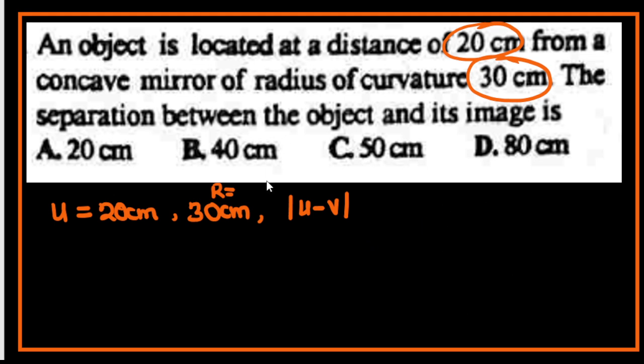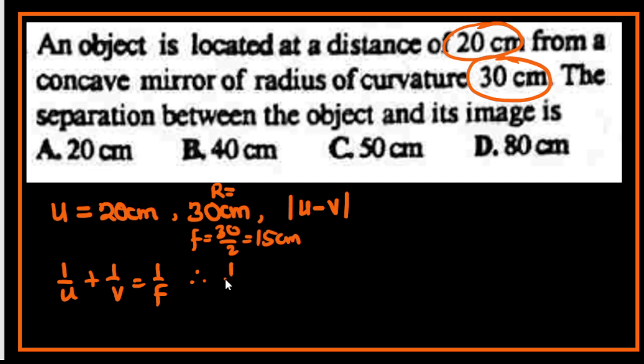So the first thing you do is to find u. Since r is given as this, it means f is going to be 30 over 2, which is 15 centimeters. So you say 1 over u plus 1 over v equals 1 over f, which then means we have 1 over 20 plus 1 over v, which is unknown, equals to 1 over 15.